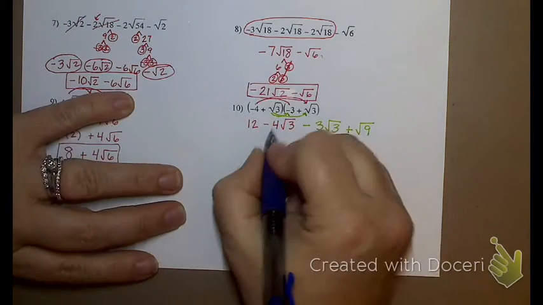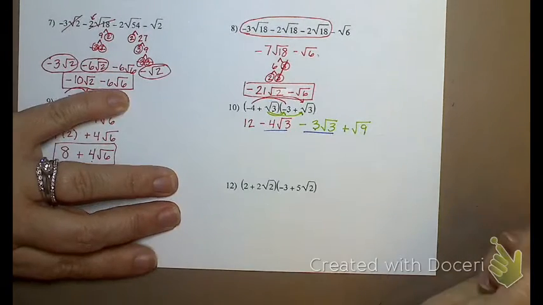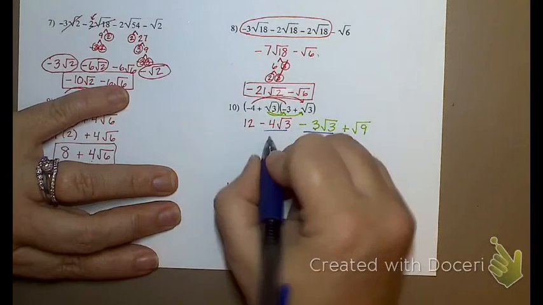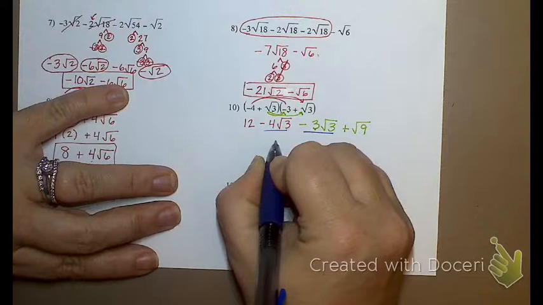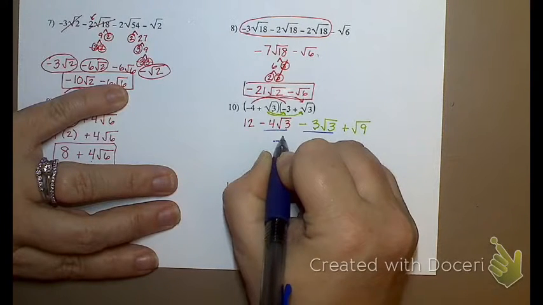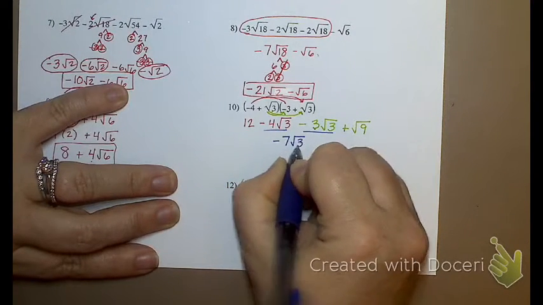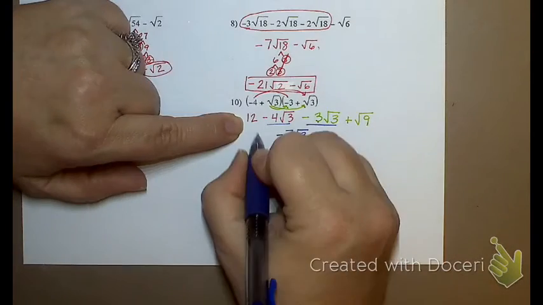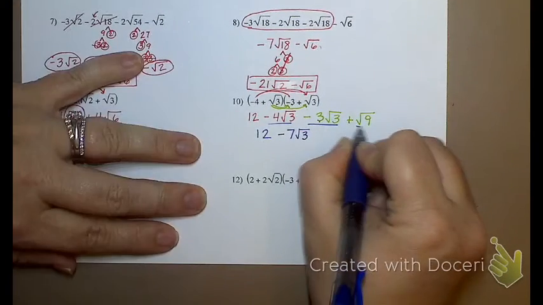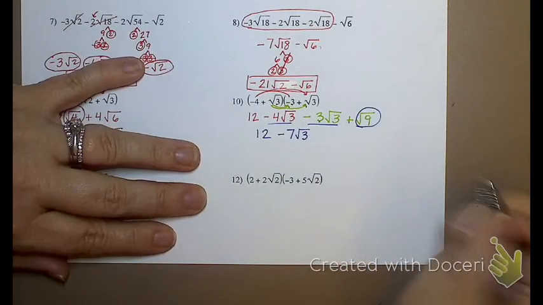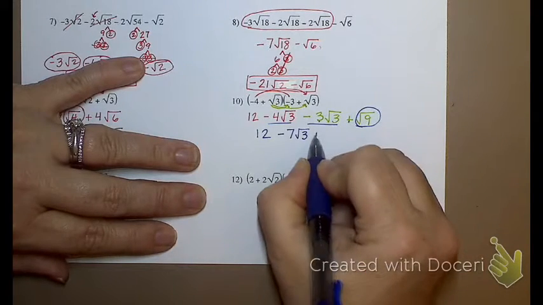So there's a couple things going on here. First off, I have some like terms. Do you see those? So what's negative 4 radical 3 and negative 3 radical 3? Negative 7 radical 3. I have a 12 out in front here. And what is radical 9? So I have a plus there. That's plus 3.